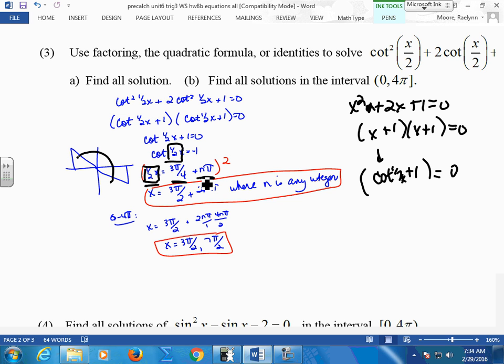Good? Any of the multiple angles, solve them as if they're a regular angle, and then deal with this multiplicity at the end. But solve them first the regular way. If you need to put a different variable in there, and then bring back the 2x, the 3x, the 1/2 x, that's fine too.